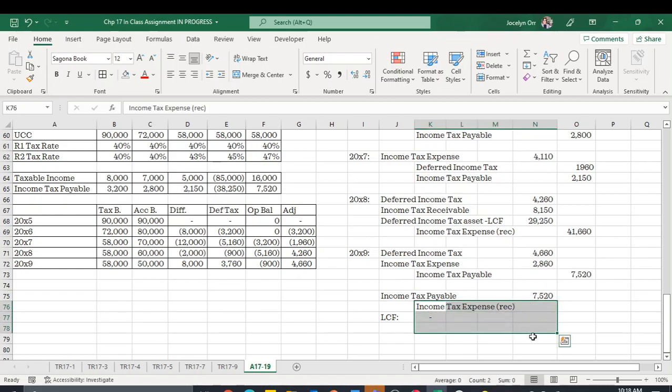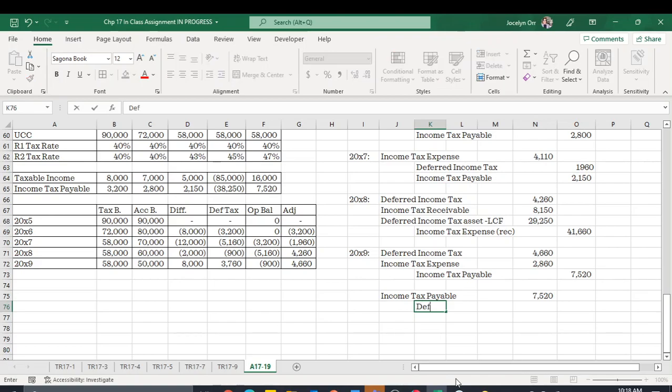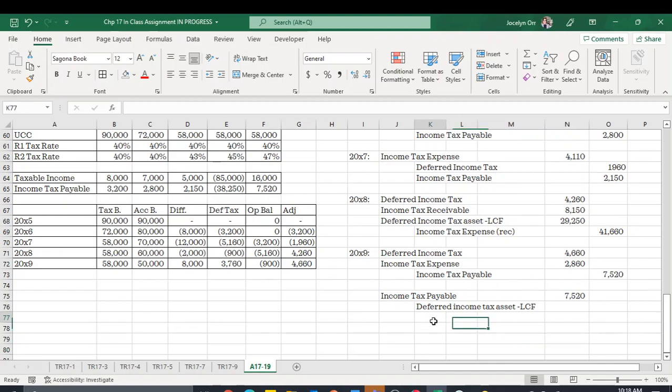And here's where things look a little bit different. So I'm going to have my deferred income tax asset for my loss carry forward, and I'm going to have my income tax expense.